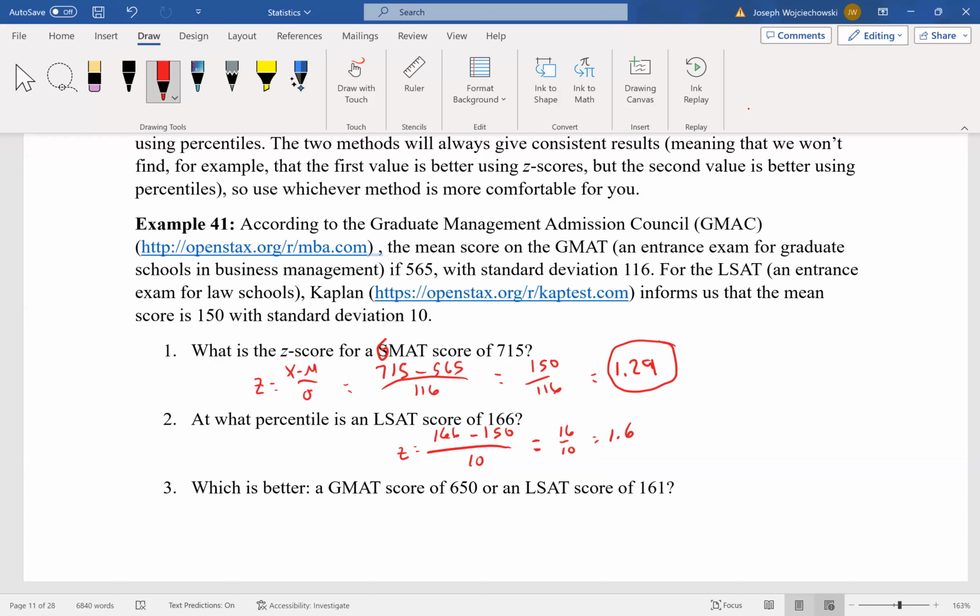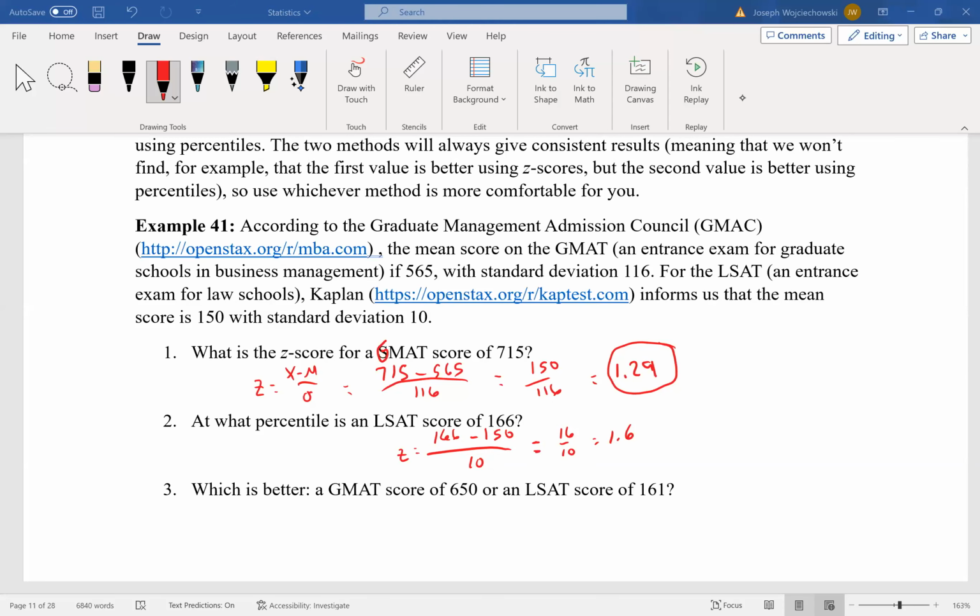Okay, so upon further research, the book has some information on using a computer to analyze these scores for percentiles.